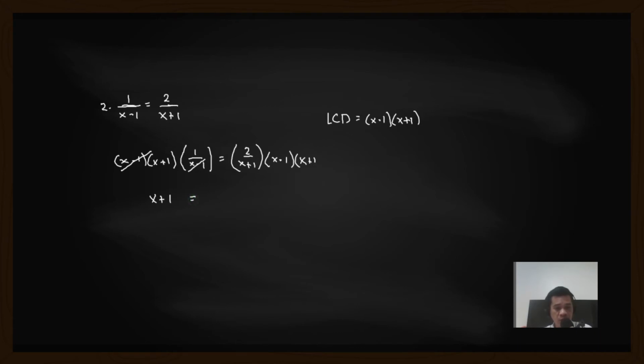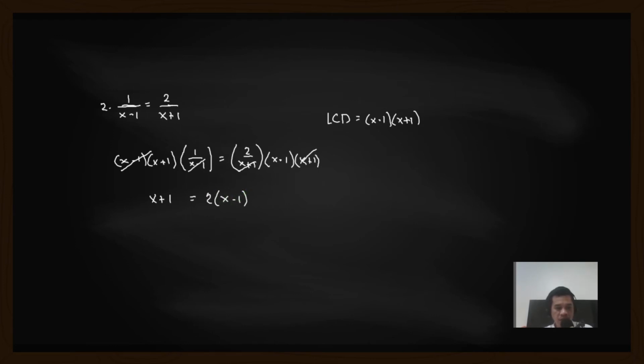Is equal to, multiply this one, the LCD to this term, 2 over x plus 1. So, makakansel ngayon yung x plus 1. So, yung matitira na lang is x minus 1 times 2. And we have the result, 2 times the quantity x minus 1.